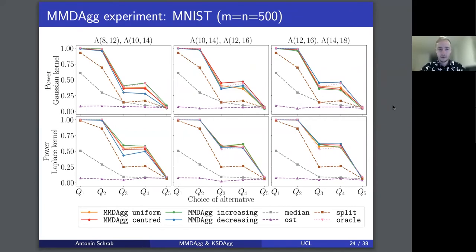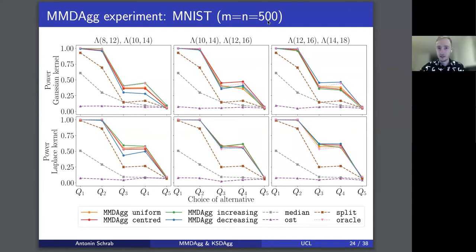At first it might look a bit weird, since the oracle is supposed to have access to the best bandwidth, but as a reminder, the way it chooses the bandwidth is by maximizing a proxy for asymptotic power. And here we're in dimension 49, and we use only 500 samples.